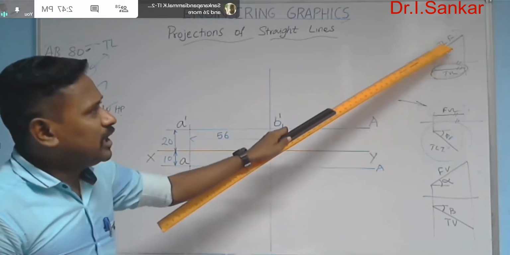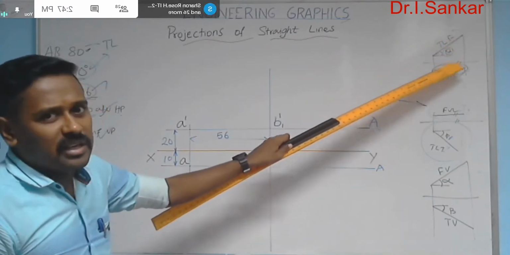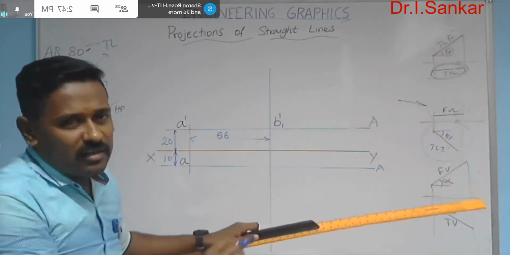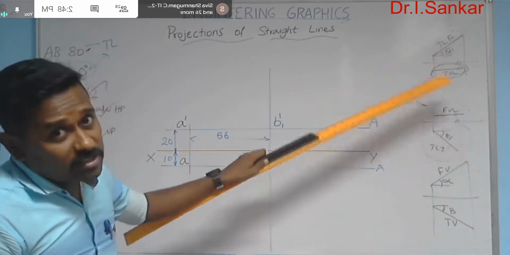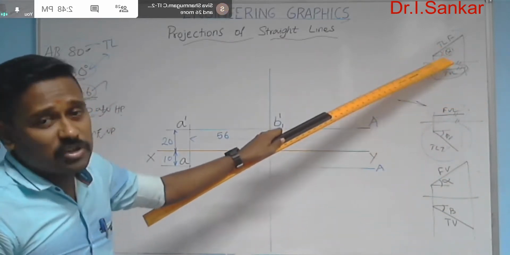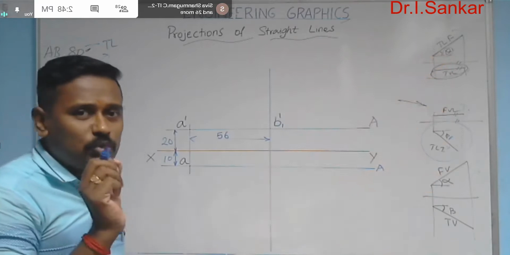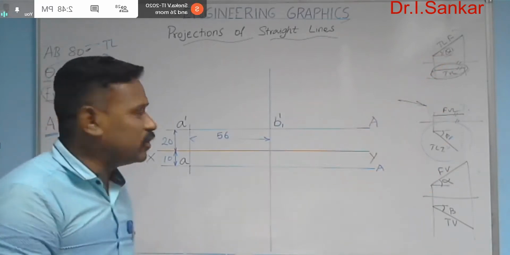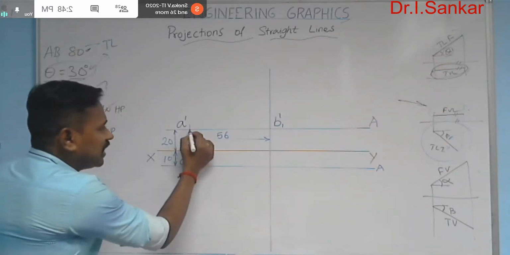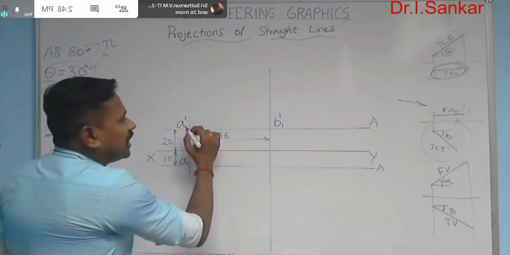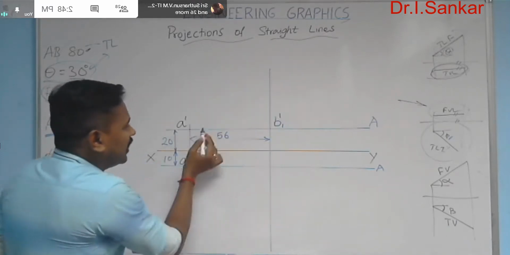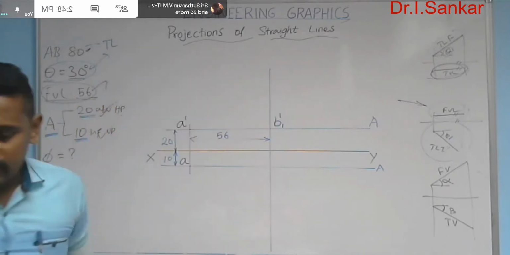So with the 80 mm length and 30 degree theta, you can draw a line in the front view area, not in the top view area, because theta is with respect to HP. So that should be reflected in the front view area. From this A dash, you can draw a line with the 80 mm length and 30 degree inclination.